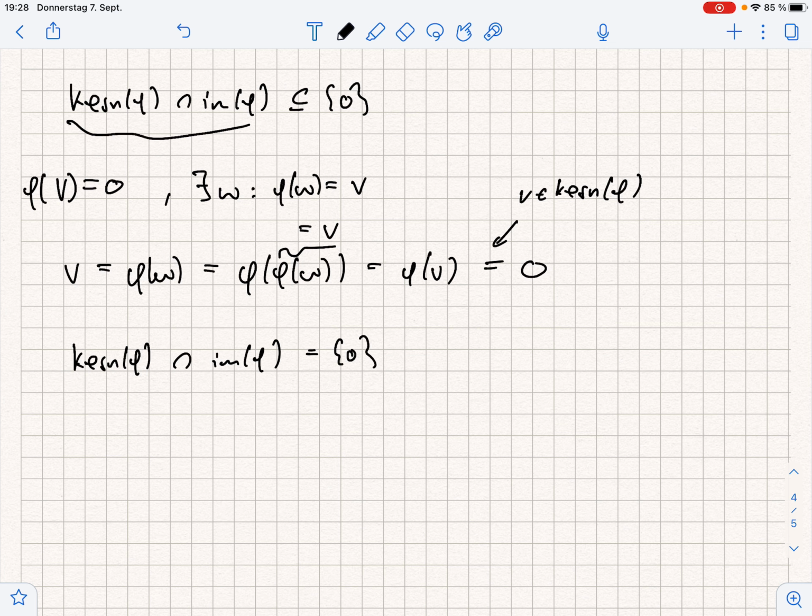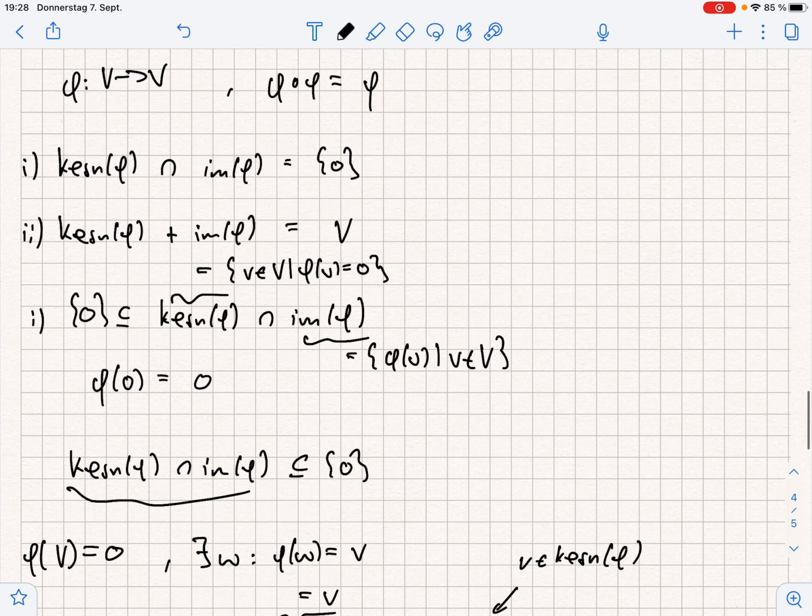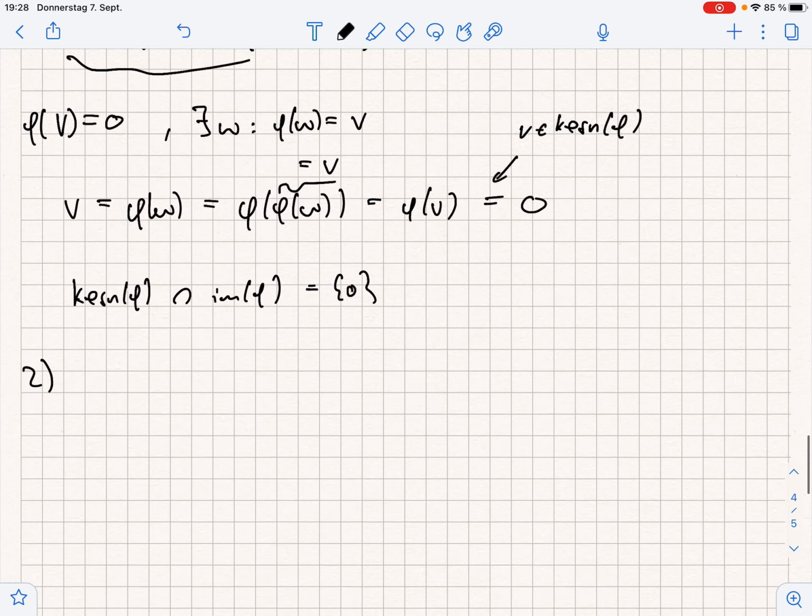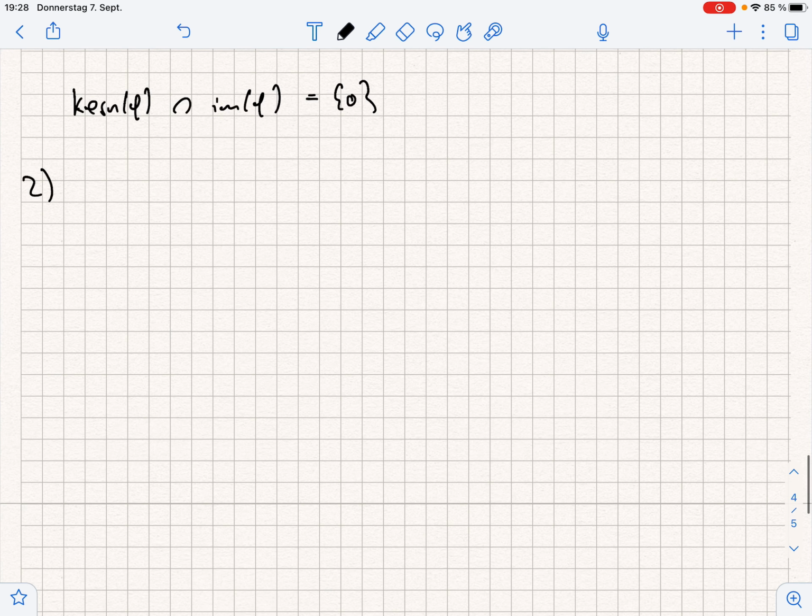Right, now for the second property, we want to show that the sum of the kernel and image is equal to V. To show that, we first begin by proving one inclusion.